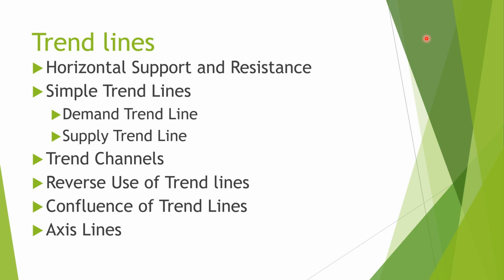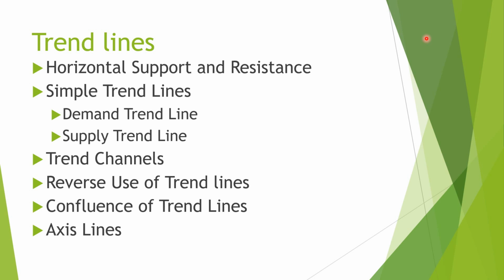We will also study concept of axis lines where support turns into resistance and vice versa. How to identify important axis lines is important. These axis lines provide trading opportunities. These are important aspects of market structure.